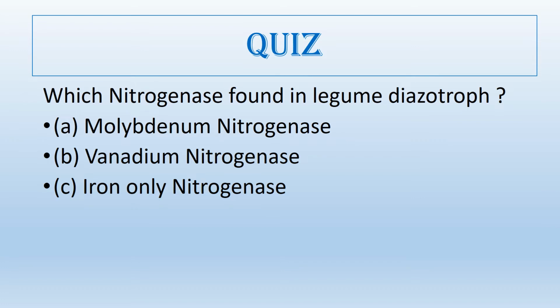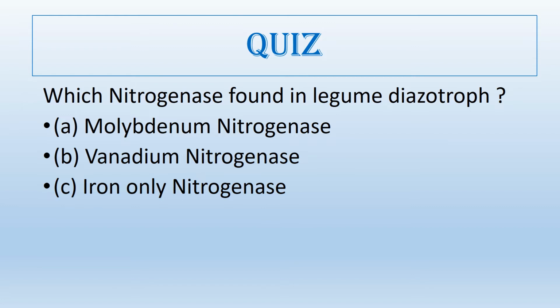Depending upon the type of metal present in the nitrogenase, nitrogenase can be of different types. Now in this question, I've just asked what type of nitrogenase is present in the legume diazotroph, that is, the bacteria present in the leguminous root nodules.